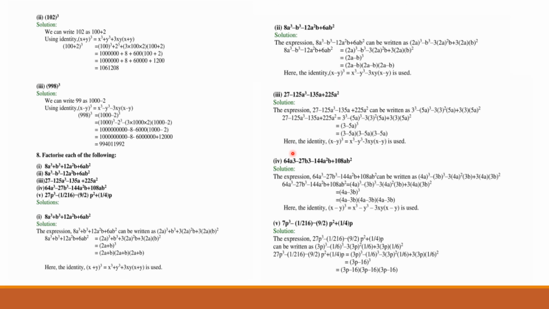In the third part again it is x minus y whole cube. 27 is the cube of 3, 125 is the cube of 5. In the fourth part, 64 is the cube of 4, 27 is the cube of 3, and 144 is the multiplication of 4 square, 3 and 3. Once you start solving your question, you can easily find it out.